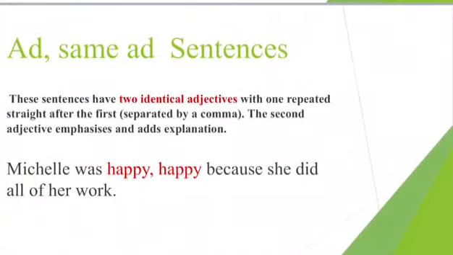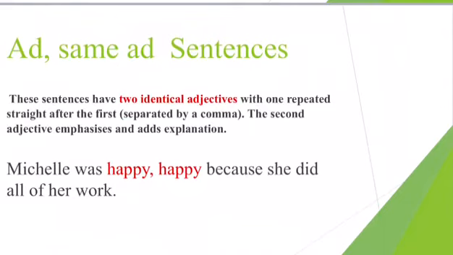And our final sentence type we're looking at today is add, same, add sentences. So these sentences have two identical adjectives right next to each other, with one repeating straight after the word and then providing more information to what has just been said. So in this case, we have Michelle was happy. Happy because she did all of her work.